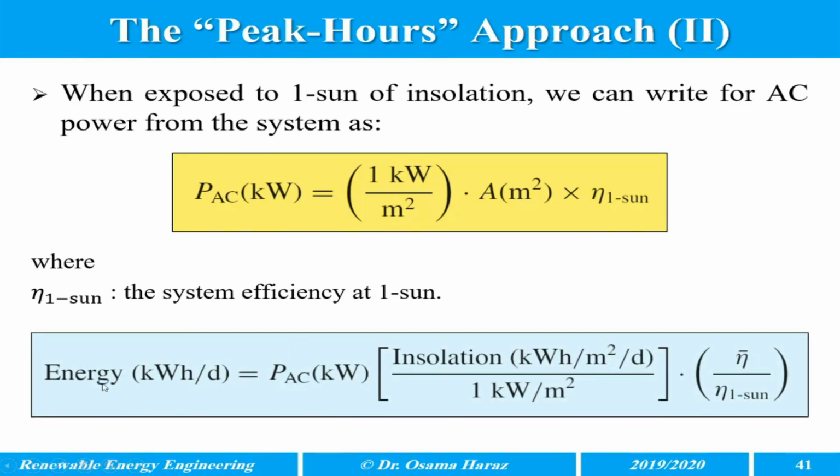Now we can rewrite the previous equation and write the energy in kilowatt hour per day in terms of the AC power, which is power AC in kilowatt multiplied by the insolation, kilowatt hour per meter square per day, over 1 kilowatt per meter square, multiplied by eta bar over eta 1 sun.